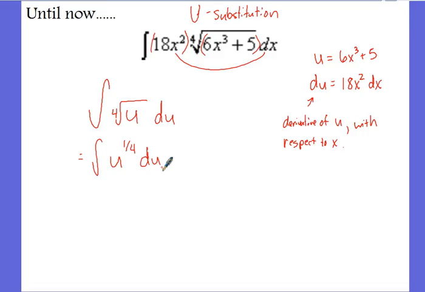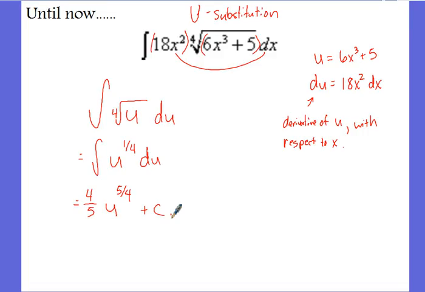So now, integrate. So it becomes u to the 5/4. 4/5 is going to come up front. And then I still have, of course, don't forget my plus c. So that's technically my answer. I'm done, except one small problem. My question was in terms of what?